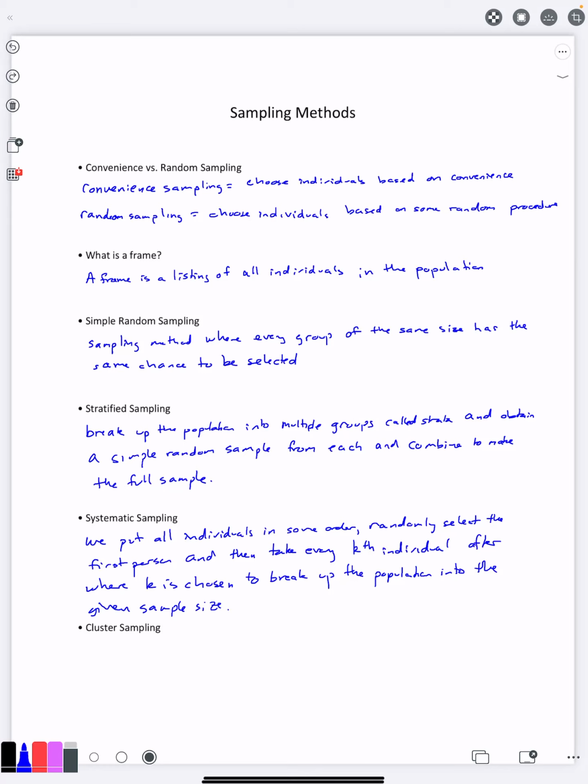So, for example, let's say we had those 100 computers, and we want to pick, say, 4 of them this time. Then what we might do is we might say, okay, 100 divided by 4 is 25, so that k might be 25 in this case. And we'd say pick a random computer in the first 25.